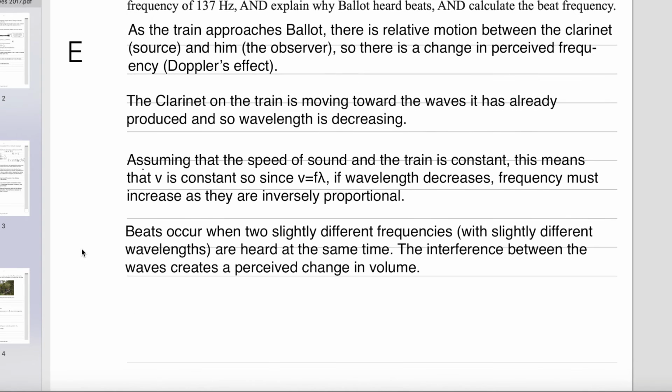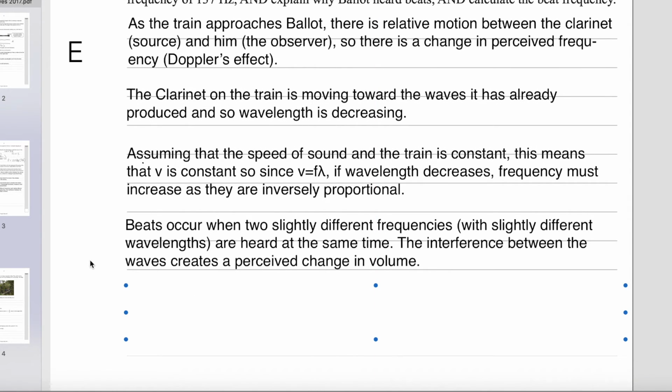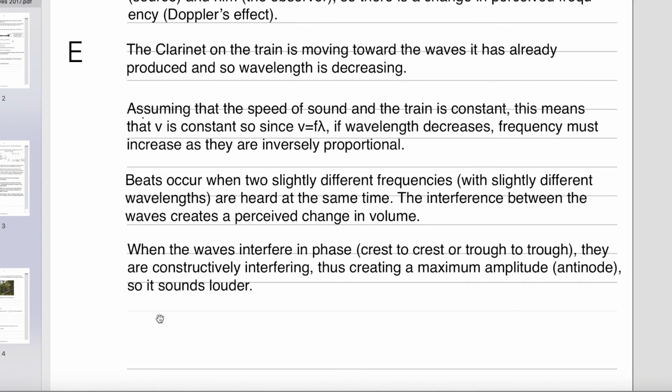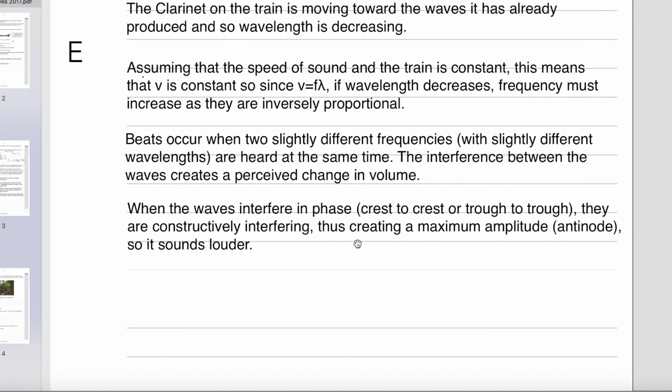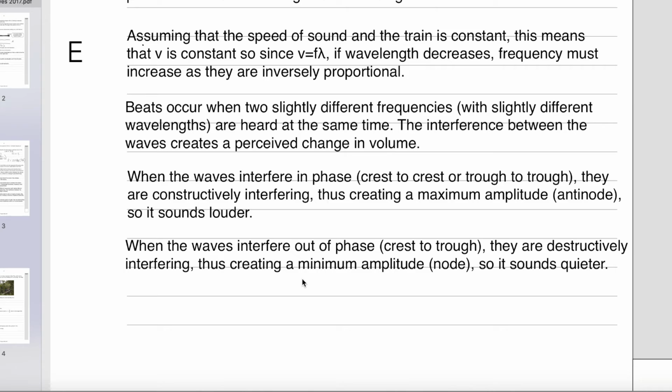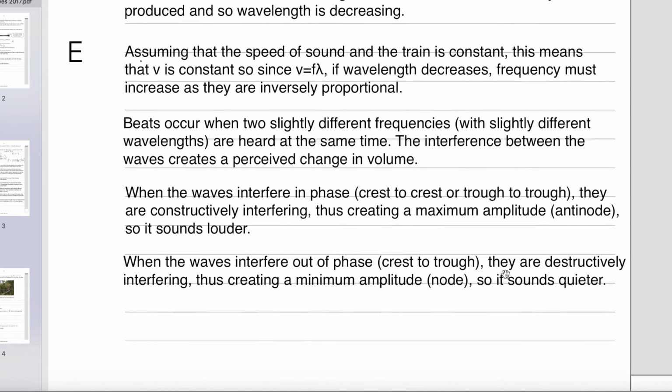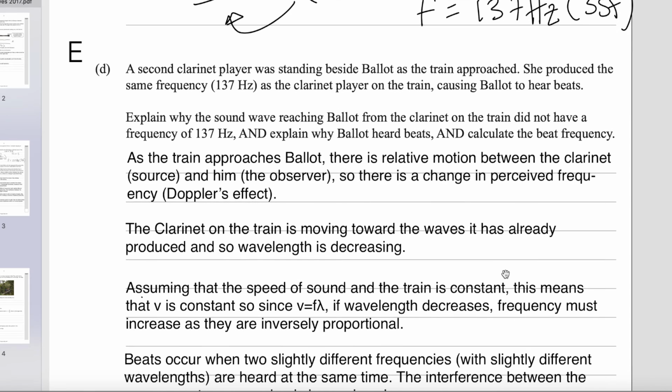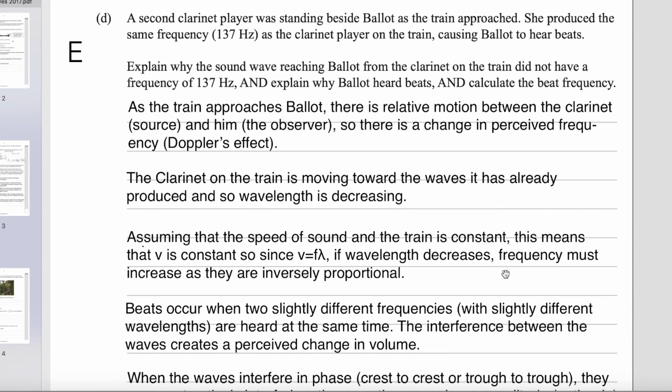And that is just talking about wave interference, really. So when the waves interfere in phase, constructive, max amplitude, antinode, so it sounds louder. Same thing out of phase, when they arrive out of phase, destructive interference, minimum amplitude, so it sounds quieter. Pretty straightforward stuff.